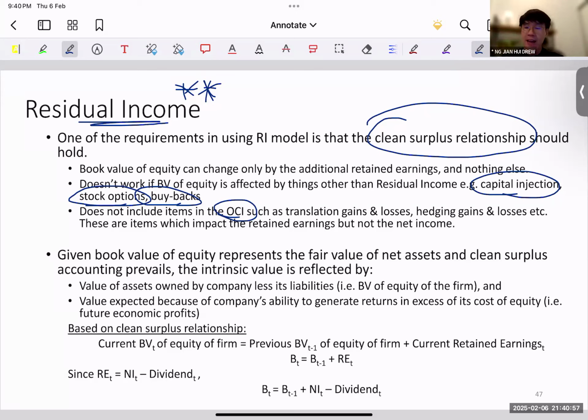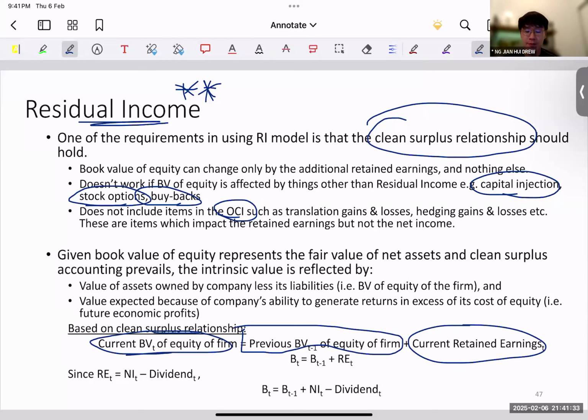Okay? So having understood this, we are now in a situation of clean surplus, meaning what? Your book value of equity is equal to just paid-up capital plus your retained earnings. And in this sense, based on the clean surplus relationship, your current book value of equity is simply your previous book value of equity plus any retained earnings that you have retained.